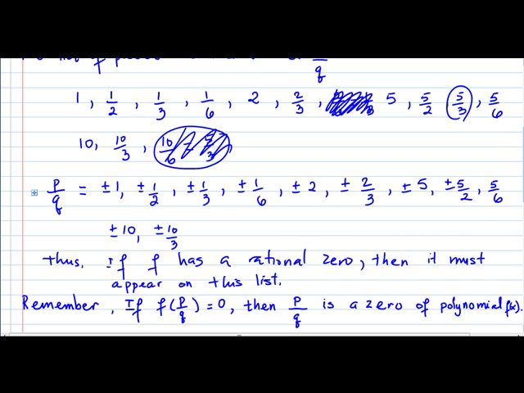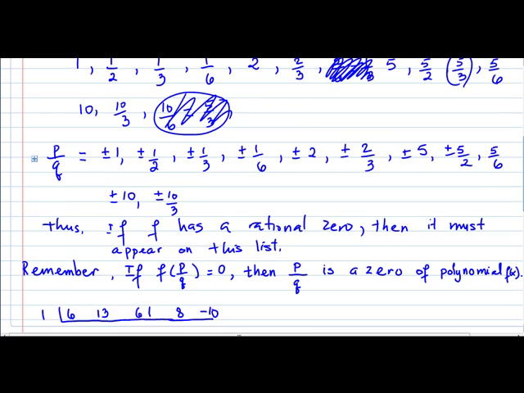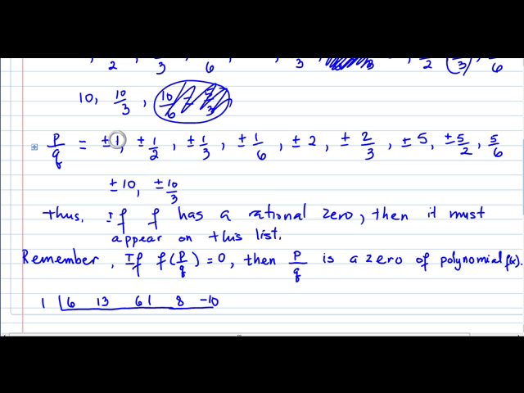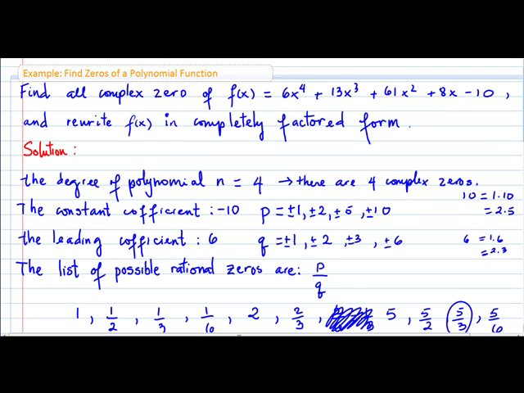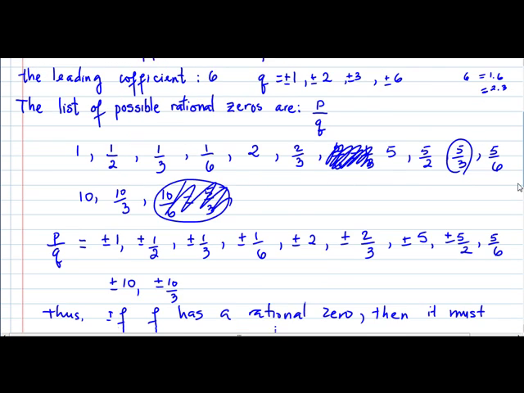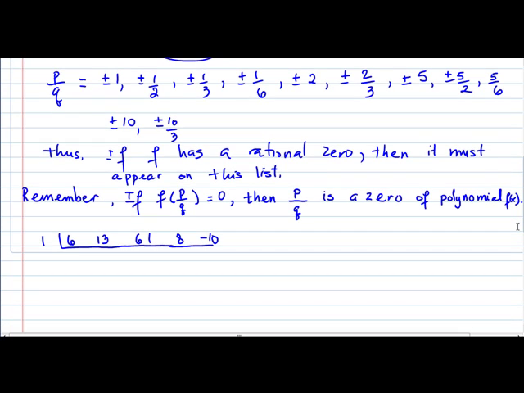So I pick positive 1, and I list all the coefficients of my polynomial f, and draw a line and always bring the 6 down.